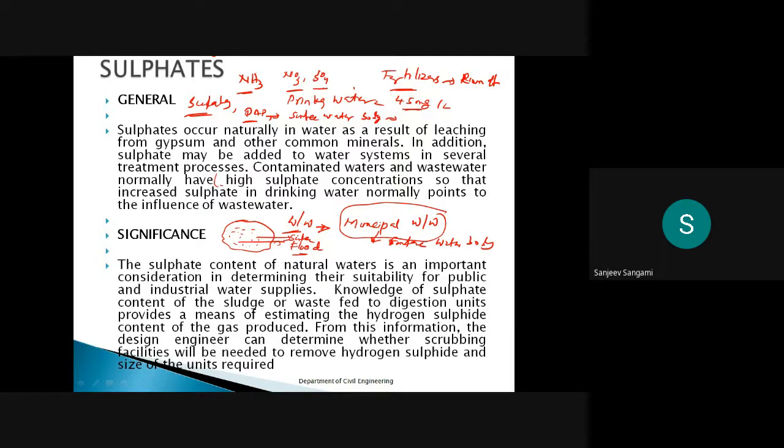Once you stop the movement of these nutrients from agriculture land, 70 to 80% of the water pollution due to sulfates, nitrates, as well as phosphates can be prevented.